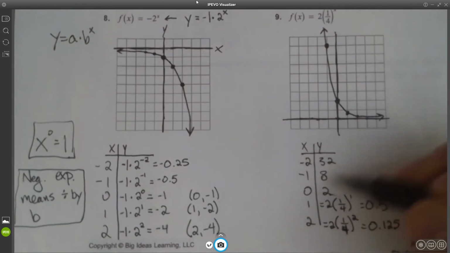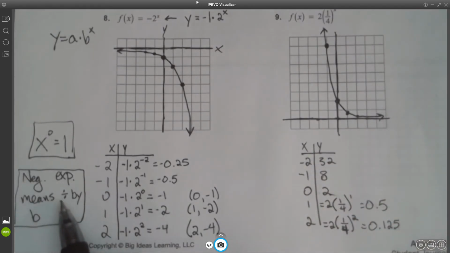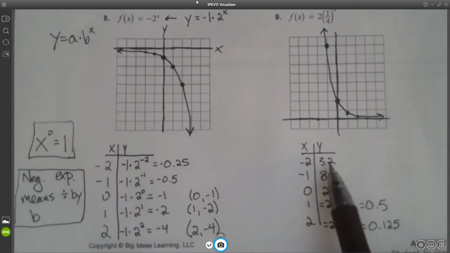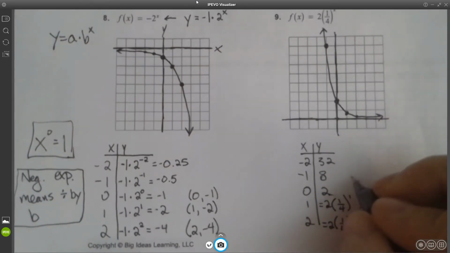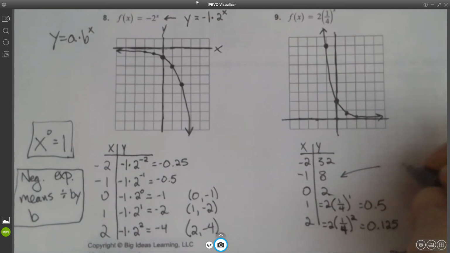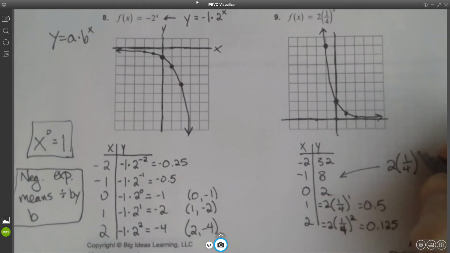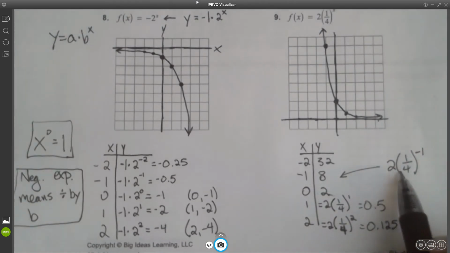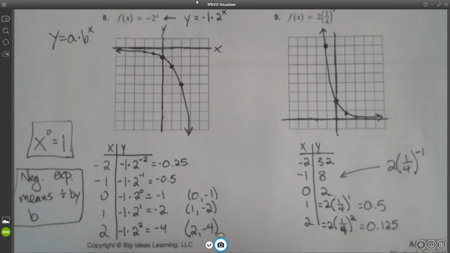So these negative exponents, again, remember negative exponent means dividing by b. So for this one, for example, I was doing 2 times 1/4 to the negative 1. So this means that we're doing a divided by 1/4 one time.